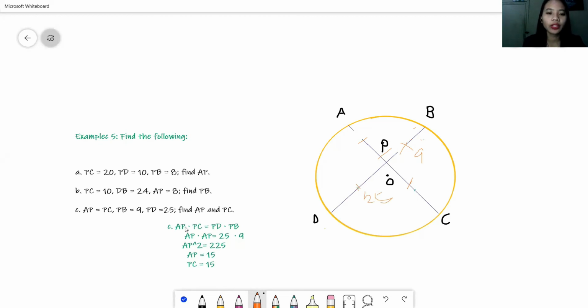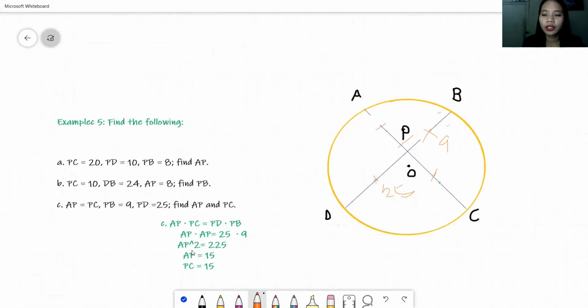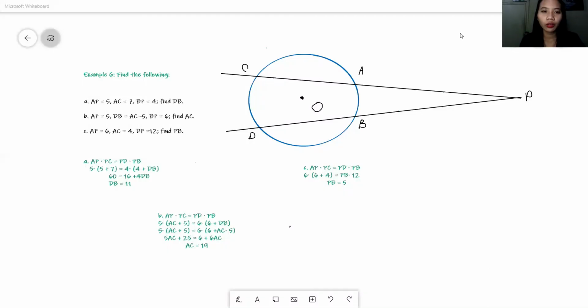So what we're going to do is AP times AP is equal to 25, which is the value of PD, times 9, which is the value of PB. So 25 times 9 is 225. Let us take the square root of both sides. So AP is equal to 15, while PC also is equal to 15. So we already have the values of AP and PC.